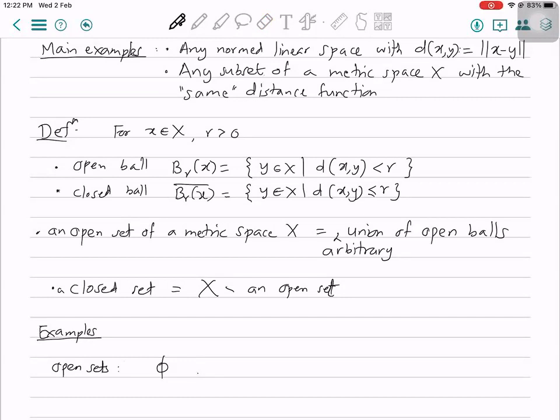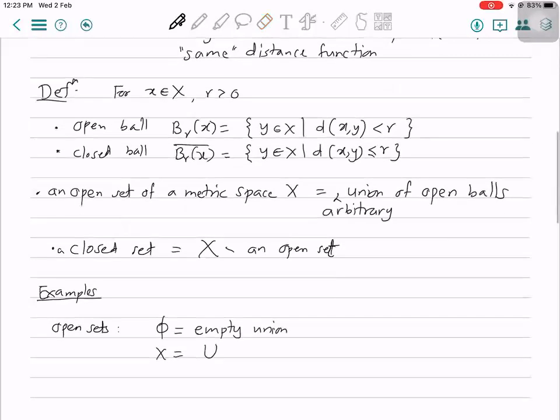So this is the union of balls; what radius do I take? It doesn't really matter.